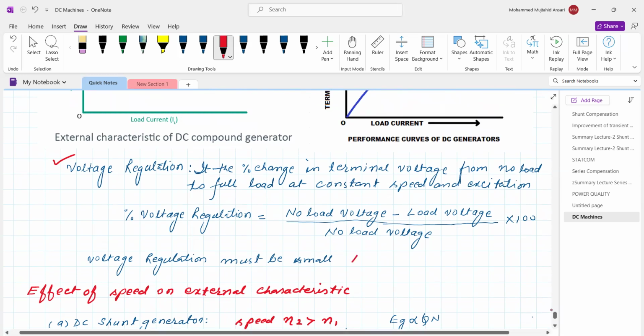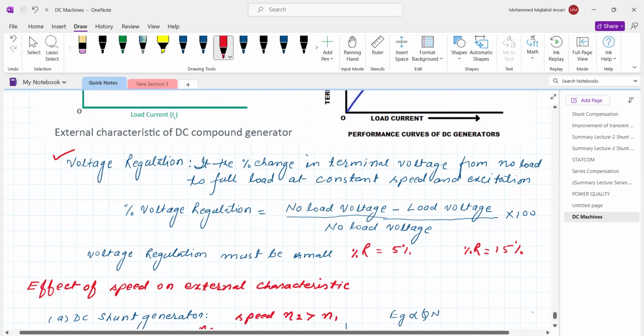Suppose the percentage regulation of one generator is 5%, and that of the second generator is 15%. So the second has poor regulation and the first has good regulation. This is the meaning. So these are some characteristics of DC shunt, series, and cumulative and differential generators.